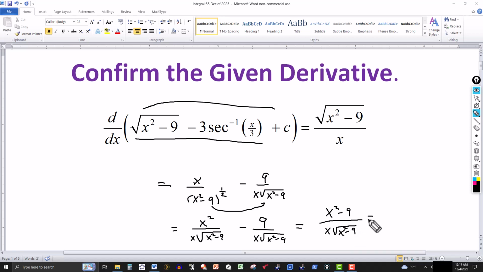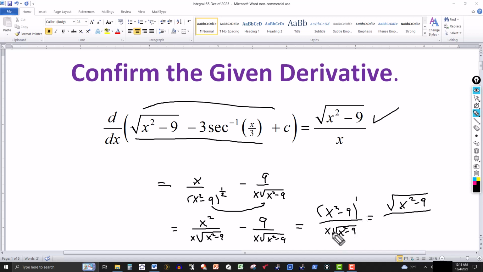Now think of the x squared minus 9 as having power 1, and the square root as a 1/2 power. If I simplify, I can subtract the 1/2 from the 1, which would give me a 1/2 power, so that's just the square root of x squared minus 9.